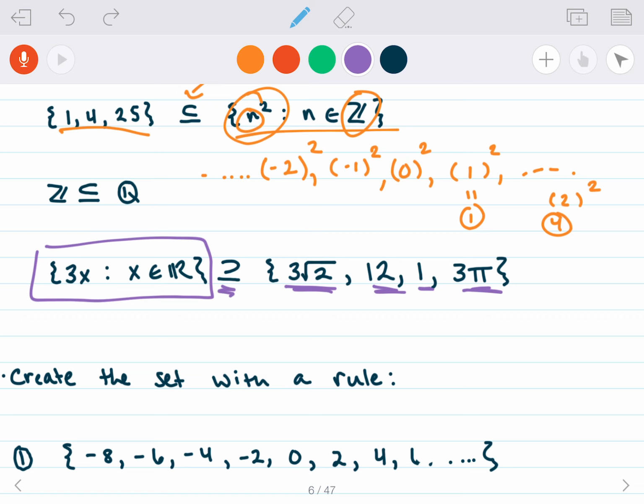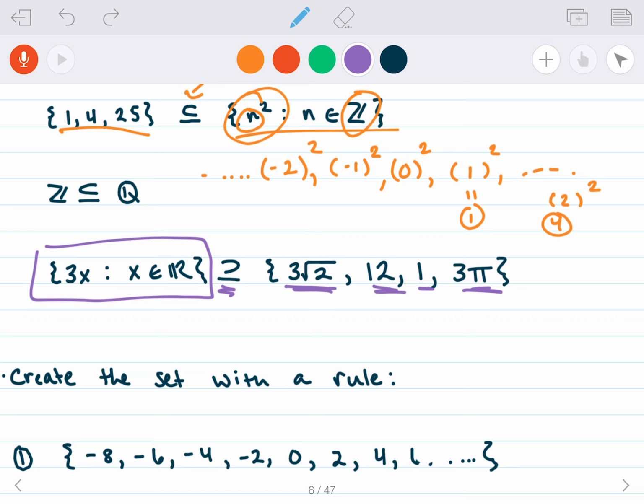I don't know if you talked about this in discrete math, but this is an uncountably infinite set, because the real numbers are uncountably infinite. Maybe we'll get into that more later, but the whole thing is that x can be any real number. It can be pi, it can be root 2, whatever. So convince yourself that 3 root 2 is in here when I let x equal root 2. 12 is in there, letting x equal 4, and so on.